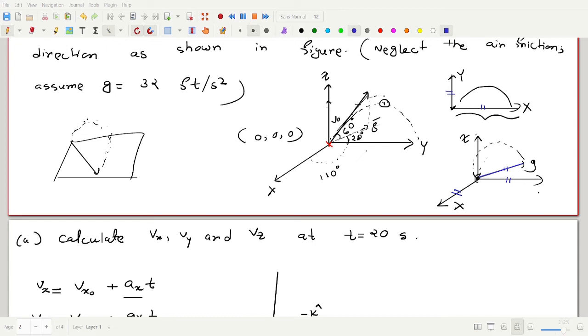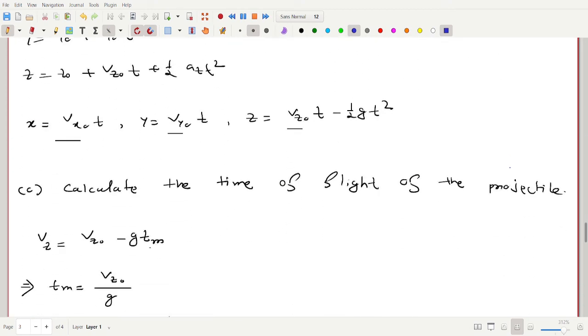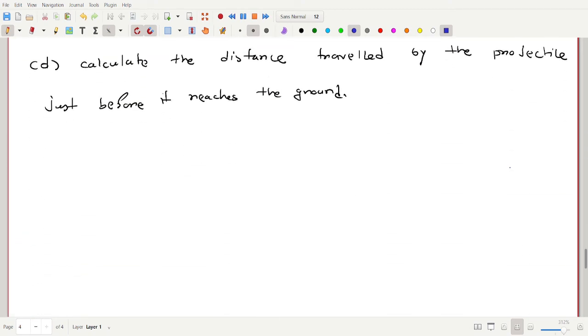In this case, the horizontal range is along rho. Now, how can we calculate this, and what will be the general equation for the projectile in this case? This is an interesting one.